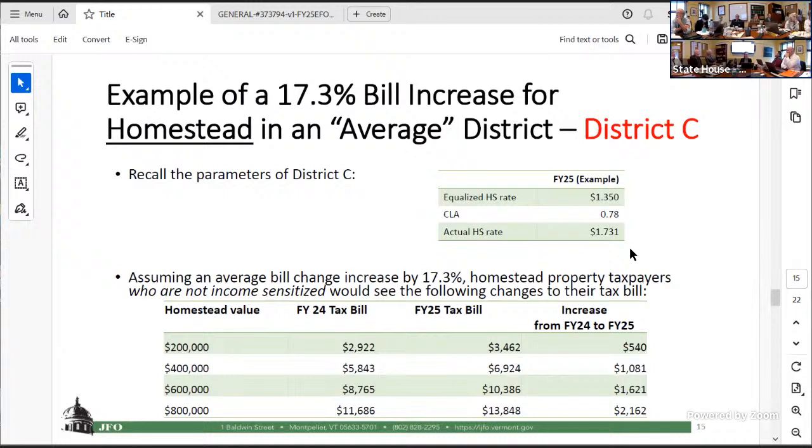What we're seeing here is an average bill change for homestead property taxpayers who are not income sensitized, by homestead value. A homestead value of 200,000 would see an average bill increase of $540, where a homestead value of 800,000 would see an average bill increase of $2,160.